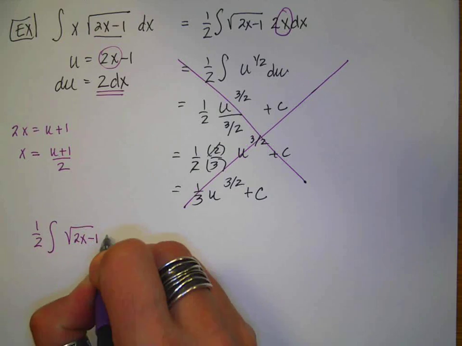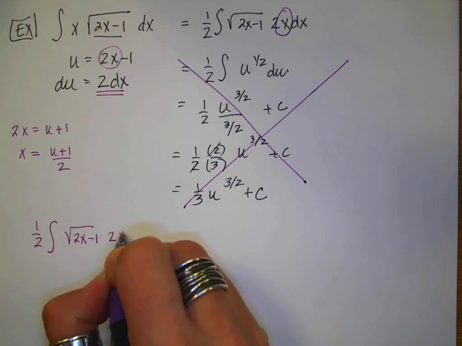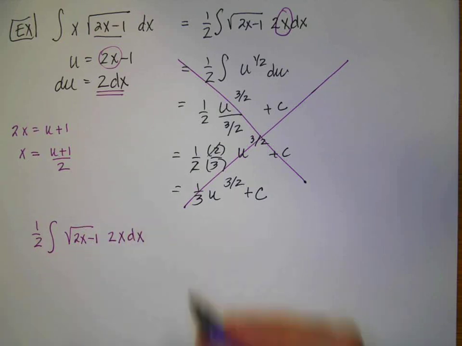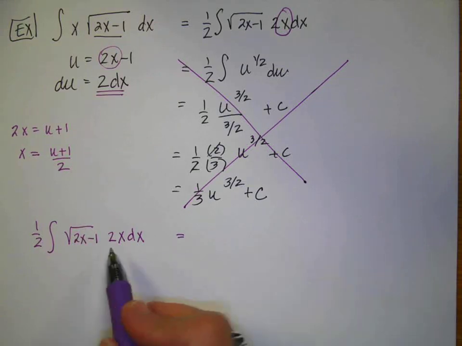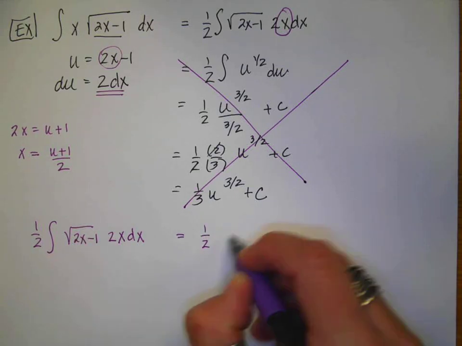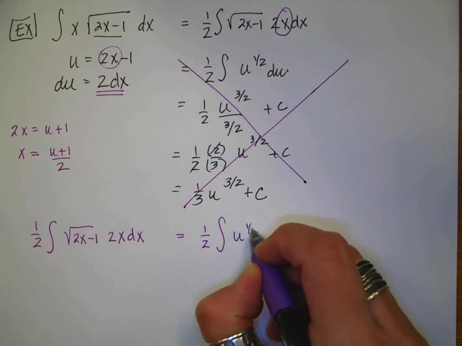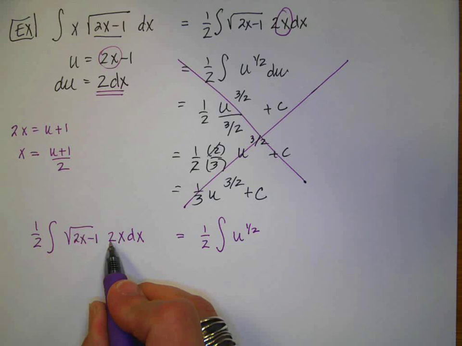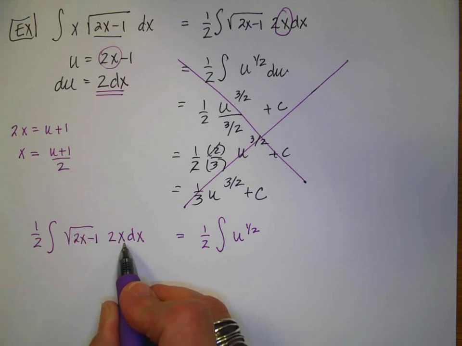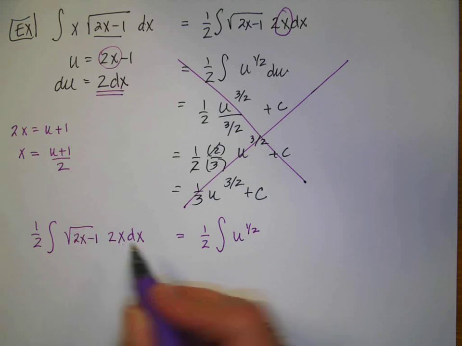So I have the square root of 2x minus 1, and then I have a 2x dx. So now if I do my u substitution, I'm going to have a 1/2 on the outside of the integral. So I'm going to have u to the 1/2, which is my 2x minus 1. There's the 2x, okay?